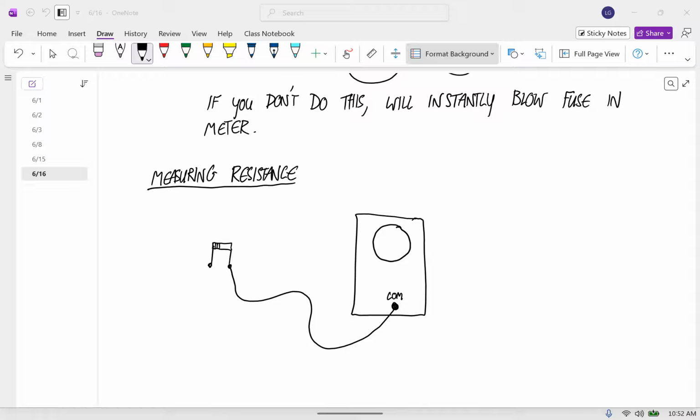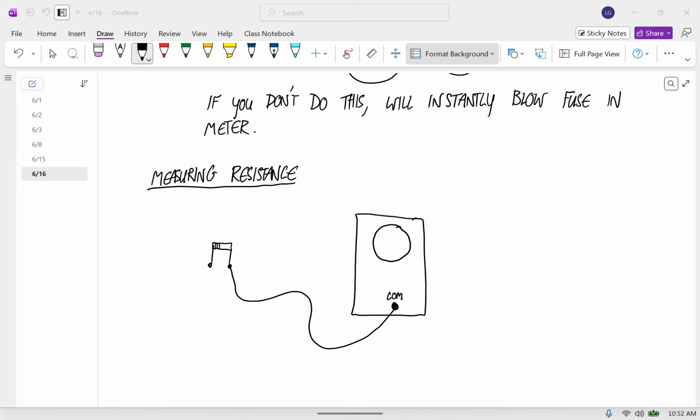Remember, resistors don't have preferred directions, so either side can be the negative side. And then for the positive, we know we're going to go to the other side of the resistor. The question is, which one of these other three plugs in the multimeter do we want to use? On mine, it's red, all the way on the right, and it says voltage and resistance.